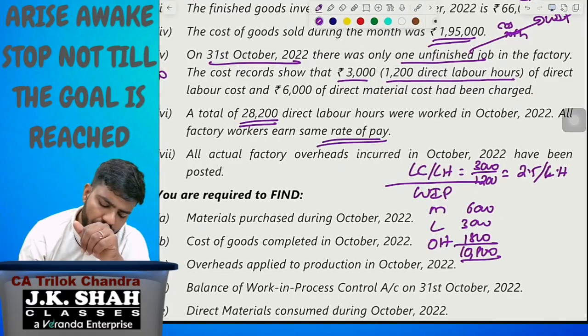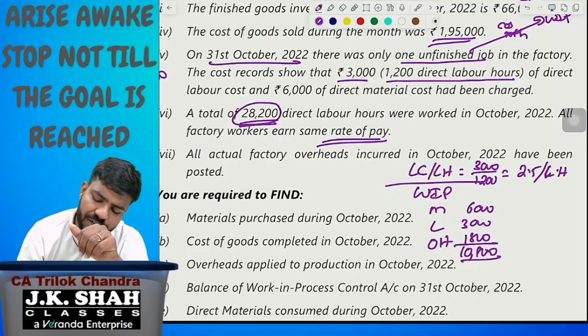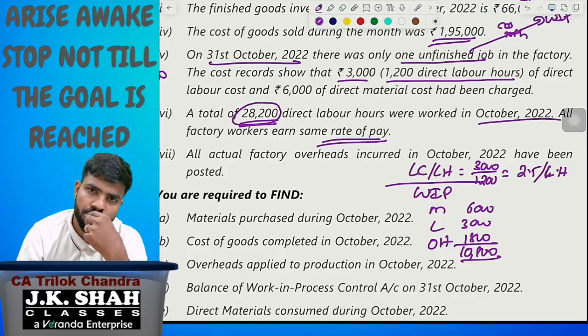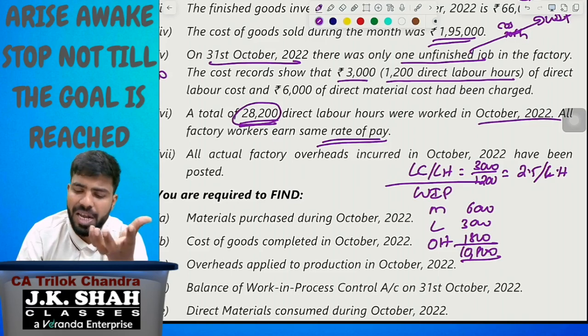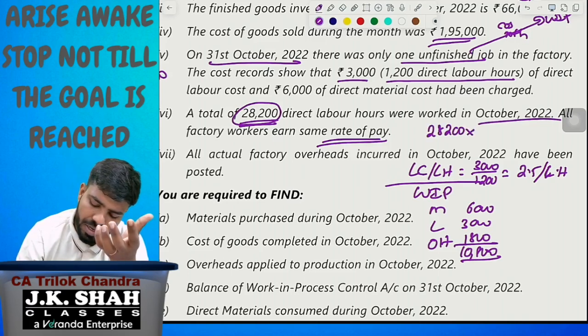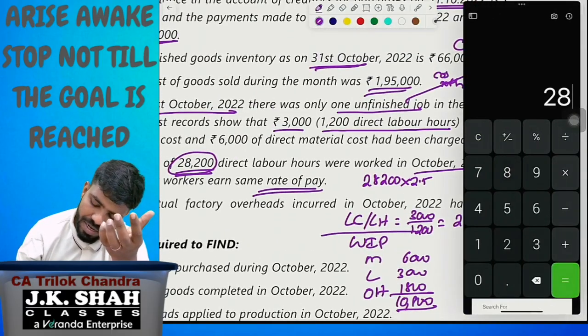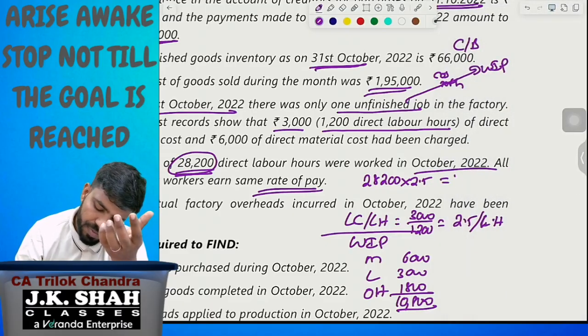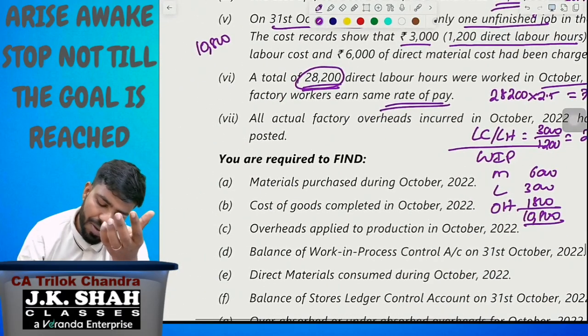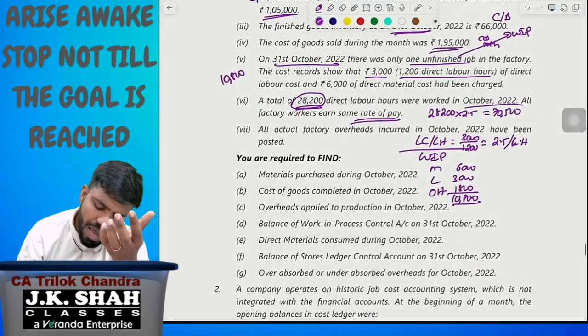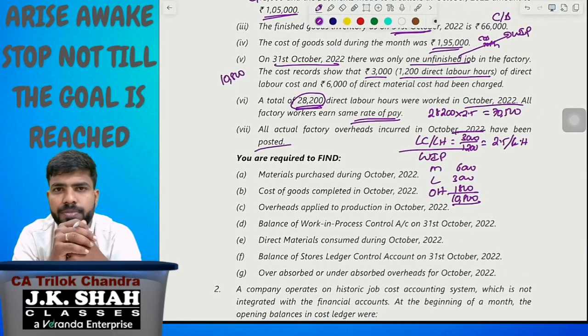Using this, we can calculate the total labor cost. 28,200 into the labor rate of 2.5 equals 70,500. 70,500 is the total labor cost. Next, all actual factory overheads incurred in October 2022 have been posted. These are the transactions given.